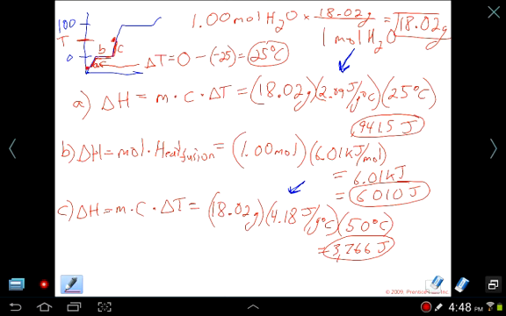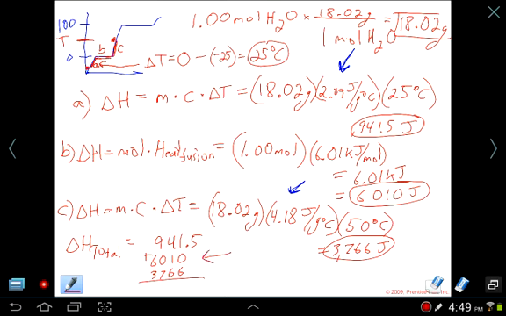And now we can add all three of these up together to know the total heat it will take to heat up ice up to the 50 degree mark. So delta H total is 941.5 plus 6,010 plus 3,766. Right away you'll see that it takes quite a bit of heat to melt the ice.